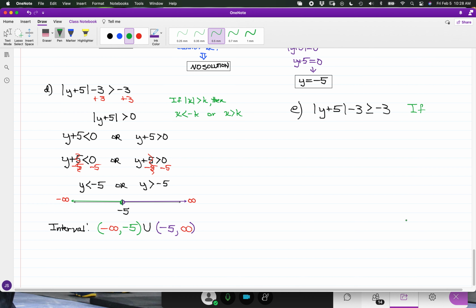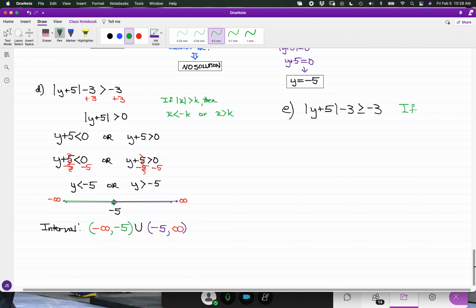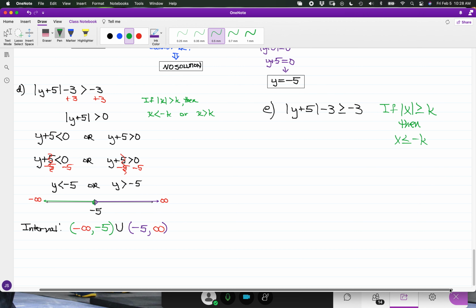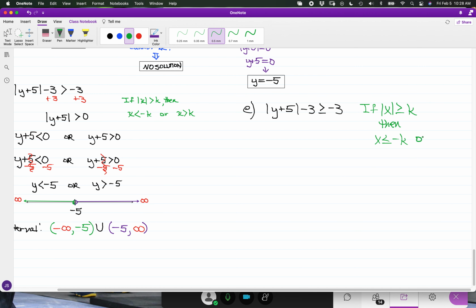And on a similar wavelength, if the absolute value of x is greater than or equal to k, then we have that x is less than or equal to -k, or that x is greater than or equal to k.